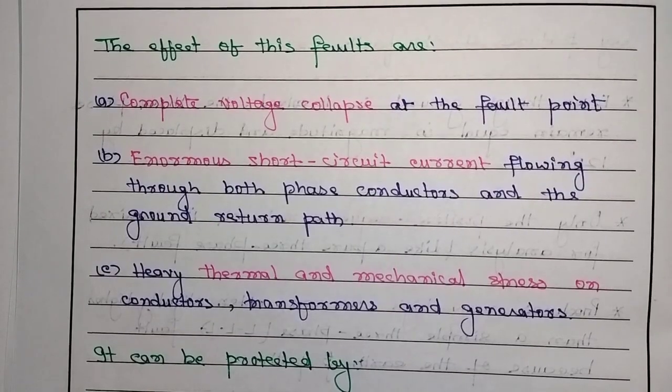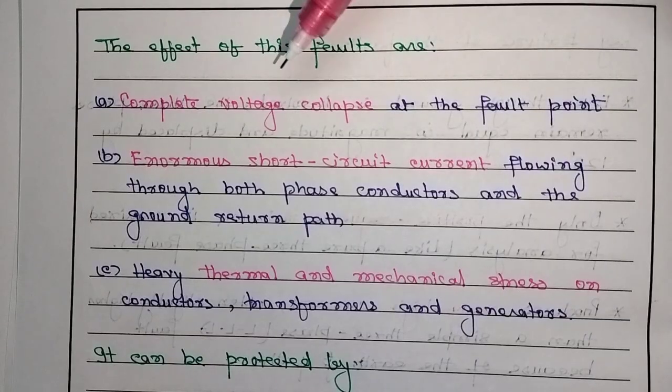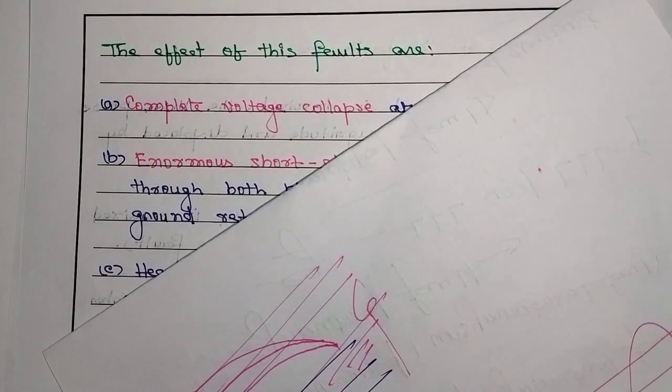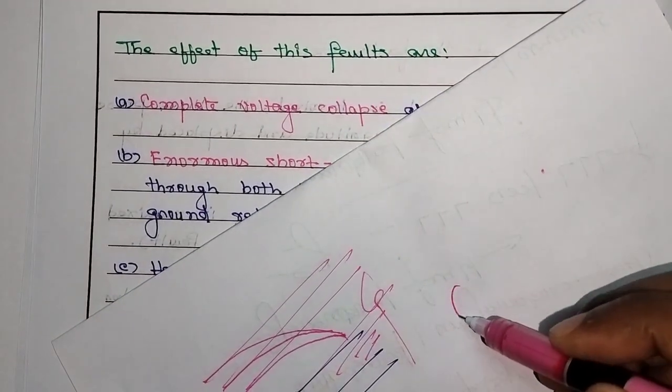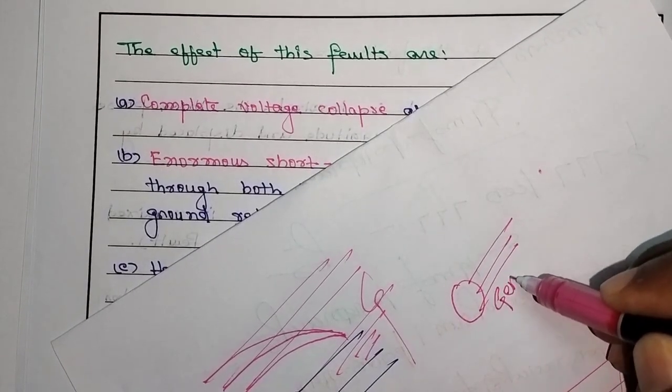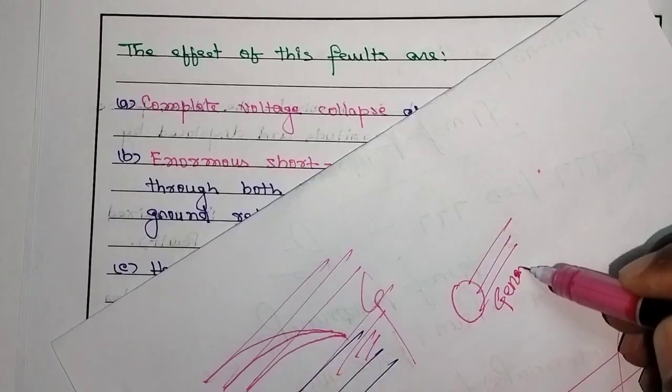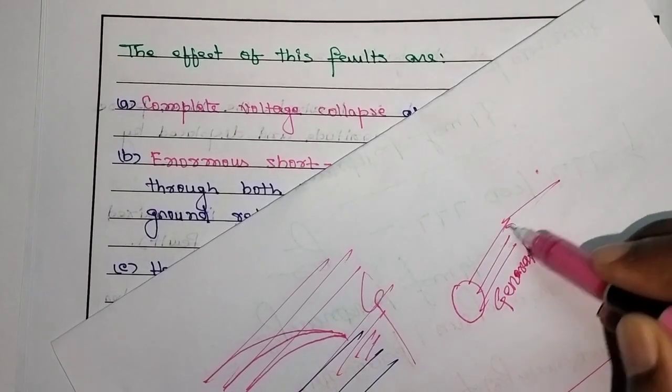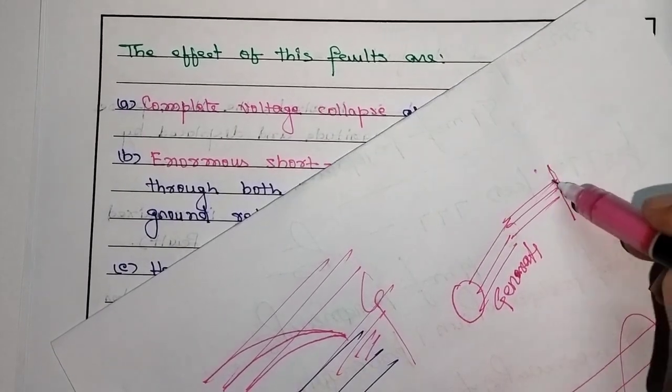The effect of these faults is complete voltage collapse at the fault point. Already I have told you that it mainly occurs at the generation side, not in the transmission side, not in the utilization side.